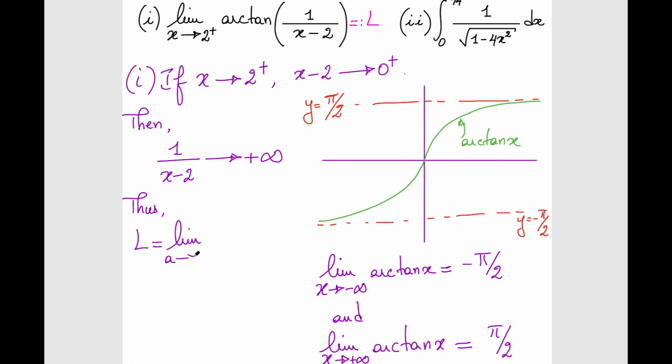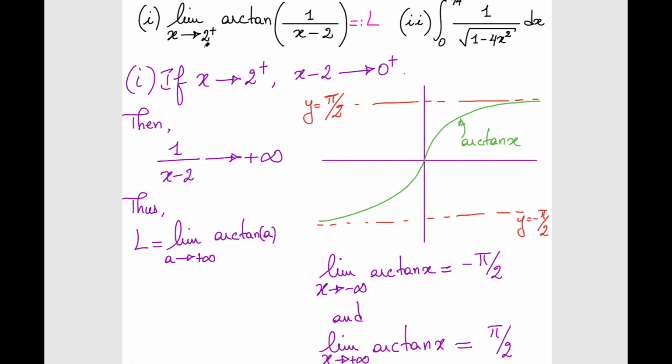A, maybe? As A goes to plus infinity of arctan of A. Correct?